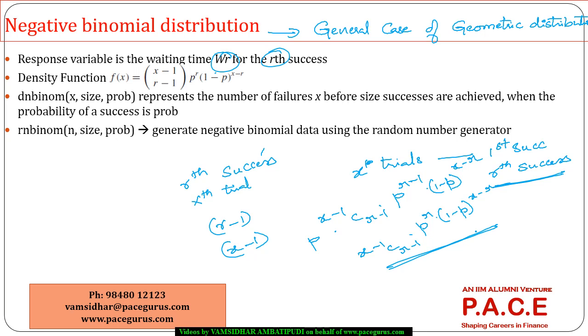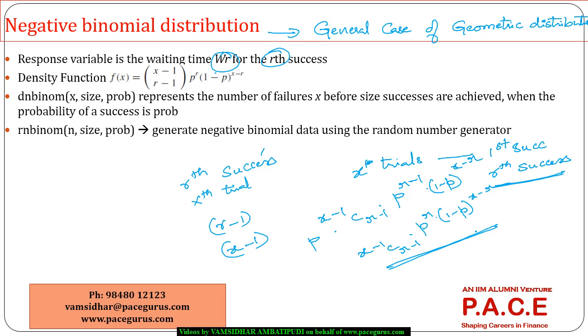The same set of logic you can use with dnbinom, rnbinom, pnbinom. There is no point in repeating the same set of activities. You can treat it as a generalized form of the geometric distribution.